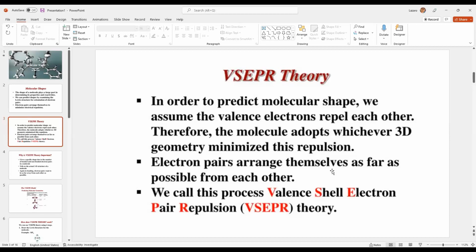The electron pairs arrange themselves as far as possible from each other. We call this process valence shell electron pair repulsion, the VSEPR theory.